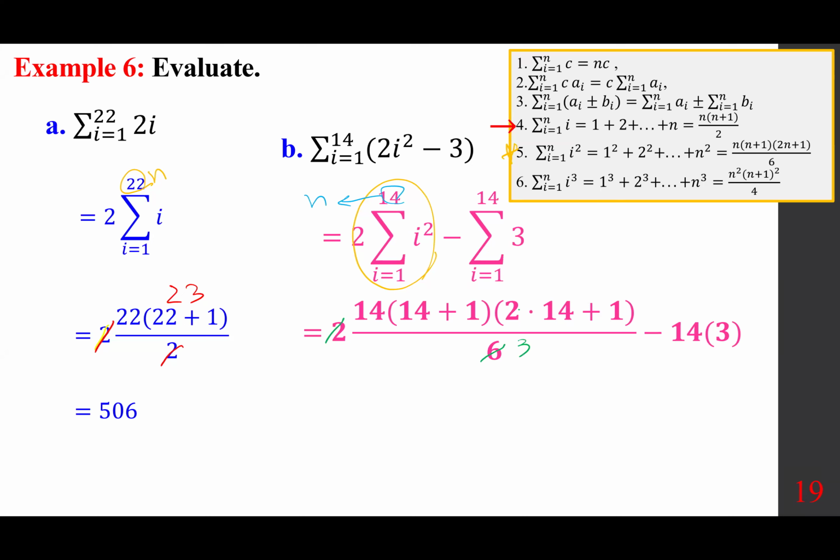These two cancel each other. And we get 14 times 15 times 29 divided by 3. This is 5. 14 times 5 times 29 minus 42 results in 1988.